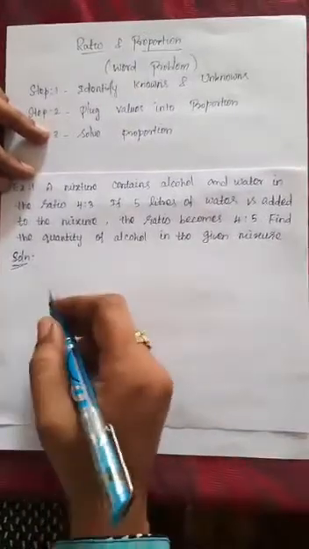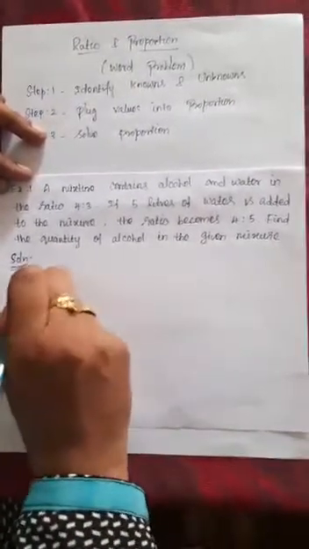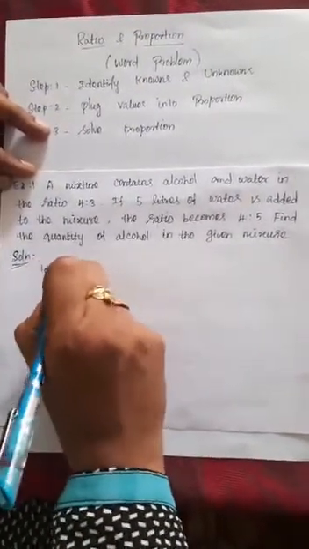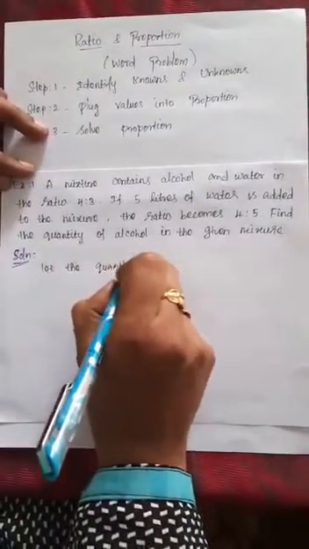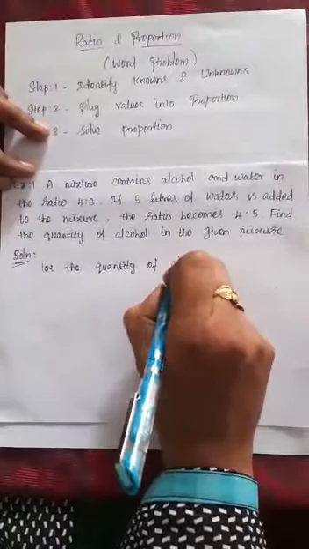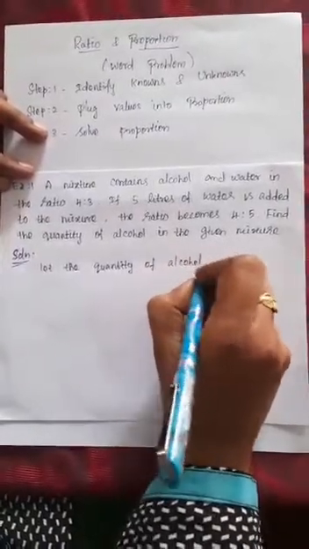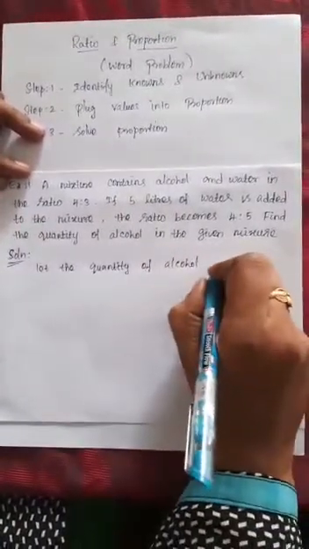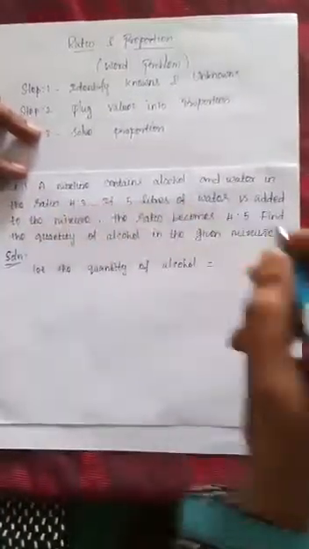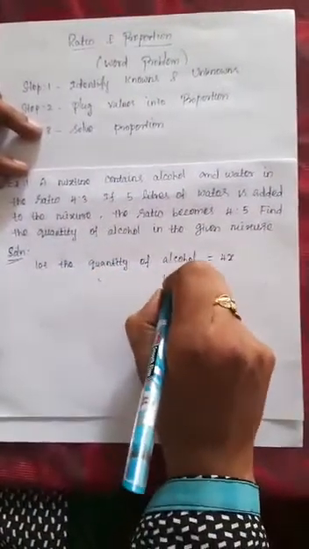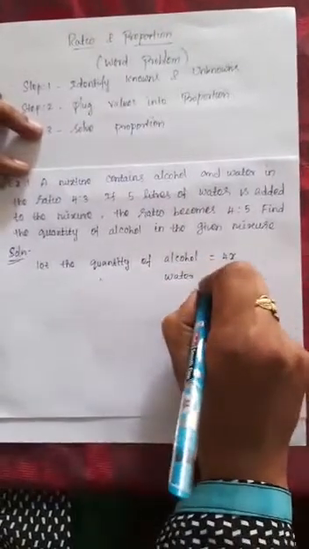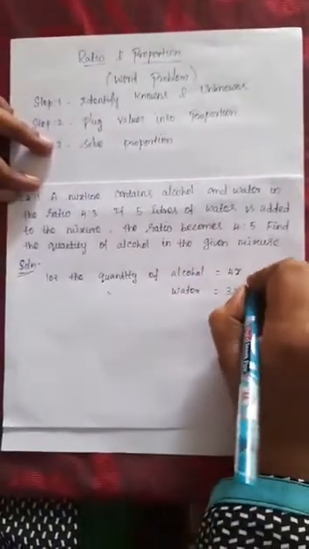Let us assume the quantity of alcohol is unknown, so we consider 4x, and the quantity of water is equal to 3x liters.